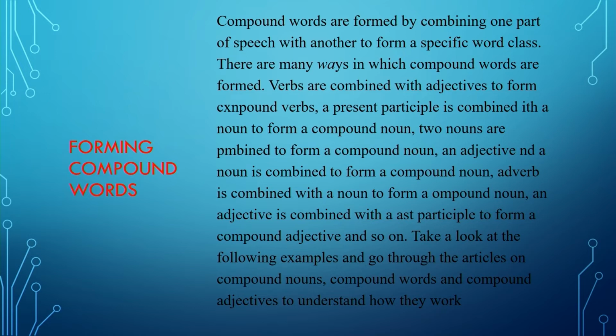An adjective and a noun are combined to form a compound noun. An adverb is combined with a noun to form a compound noun, and an adjective also is combined with a past participle to form a compound adjective, and so on. Take a look at the following examples and go through the article on compound nouns, compound words and compound adjectives to understand how they work.